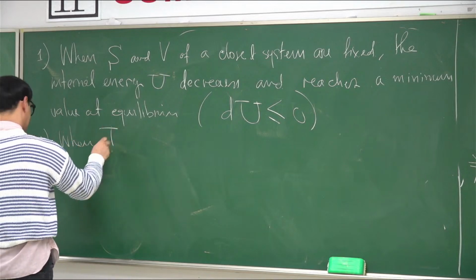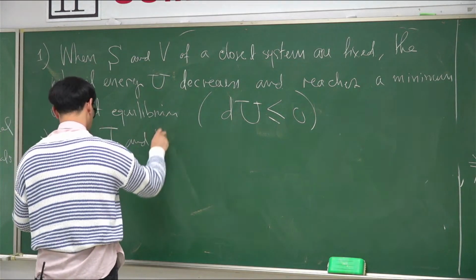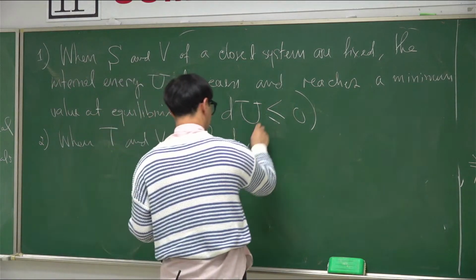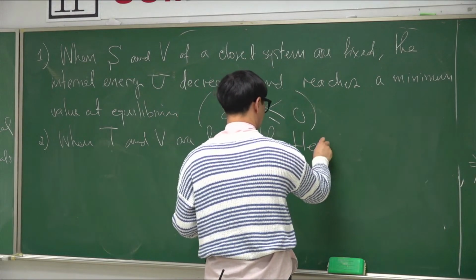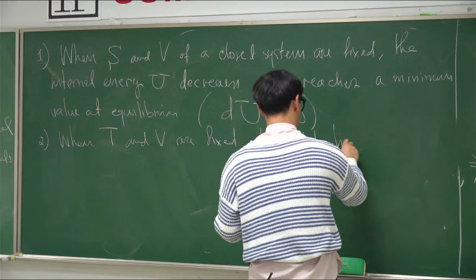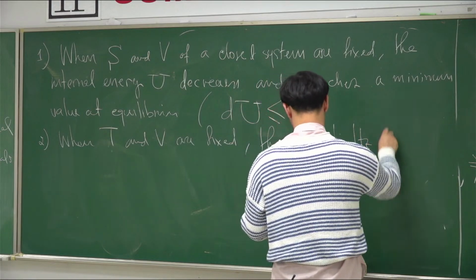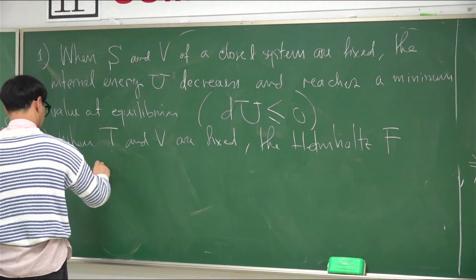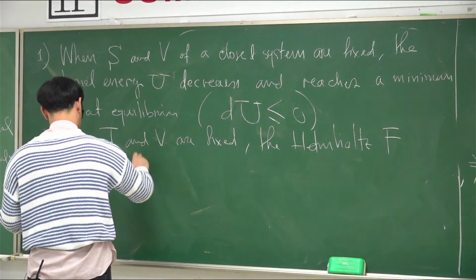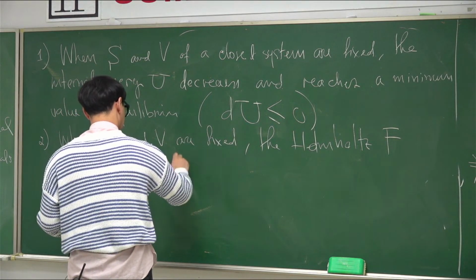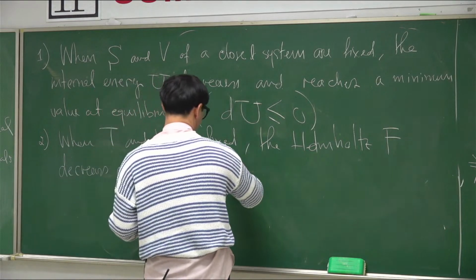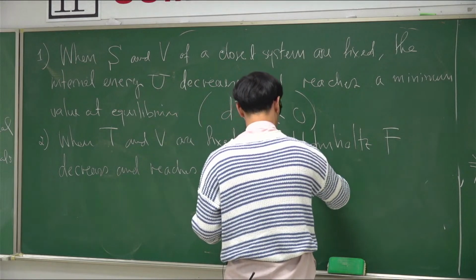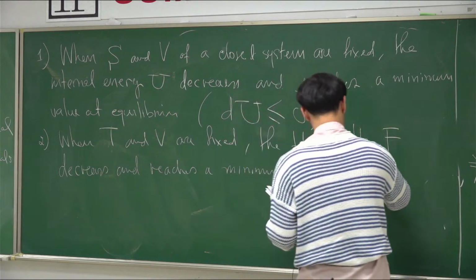But when the temperature and the volume are fixed, right, the Helmholtz decreases and of course you reach a minimum value at equilibrium.